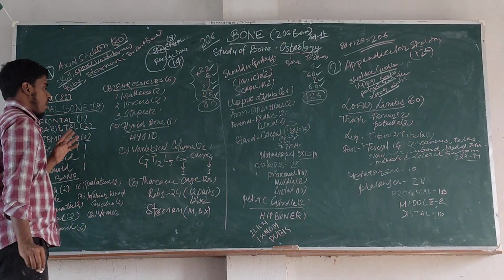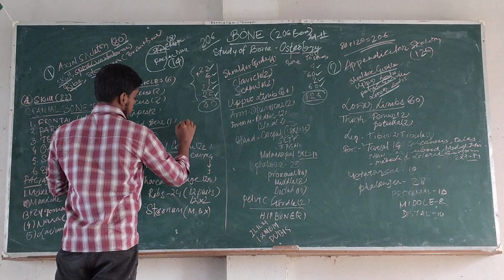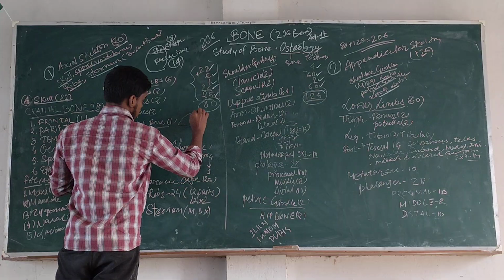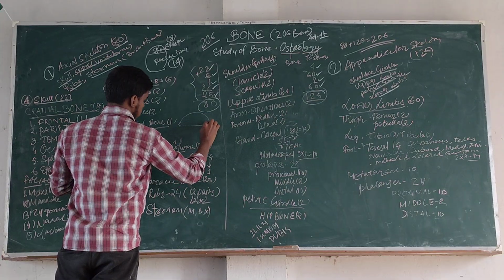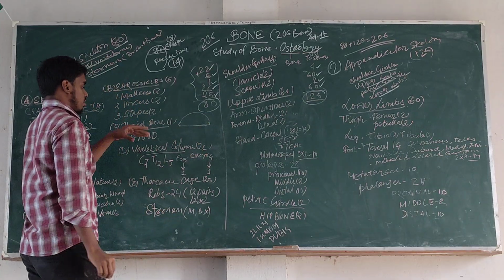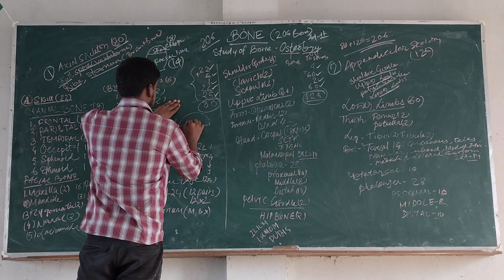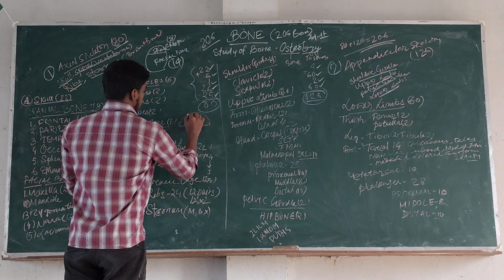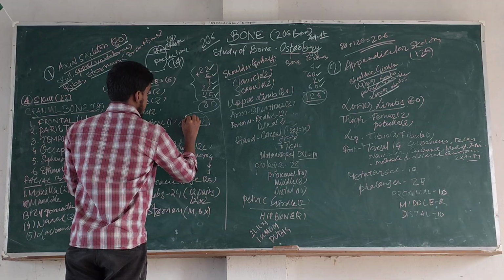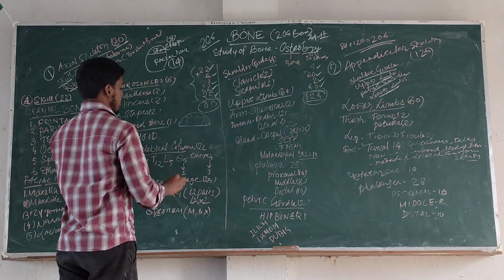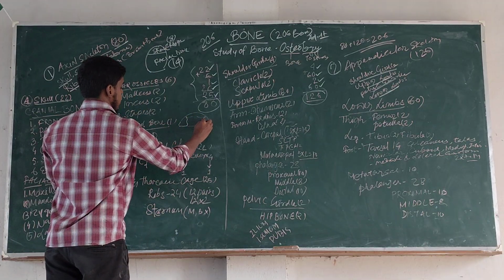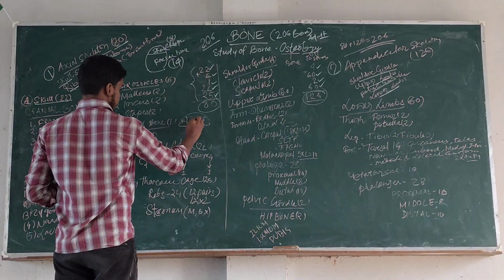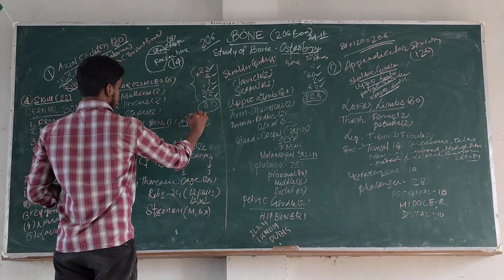And in case of frontal bone, these are 2 in number before birth, but they are not completely formed. These are the frontal bones, and these are the temporal bones.